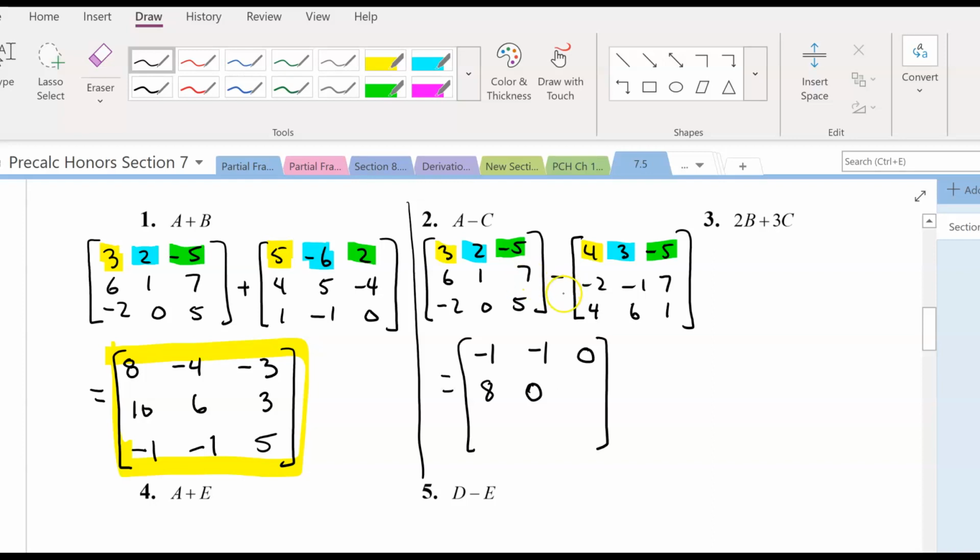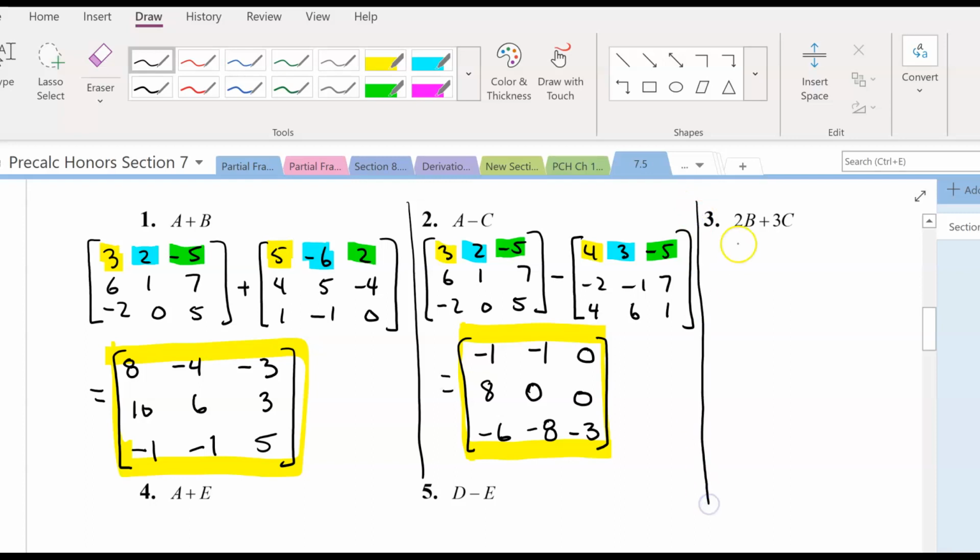And then 7 minus 7, which is also 0. Moving on to the last row, I've got negative 2 minus 4, so that's negative 6. Negative 2 minus 6, negative 8, and negative 2 minus 1 is negative 3. All right, so that's A minus C.